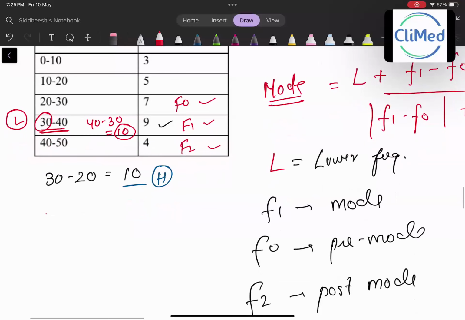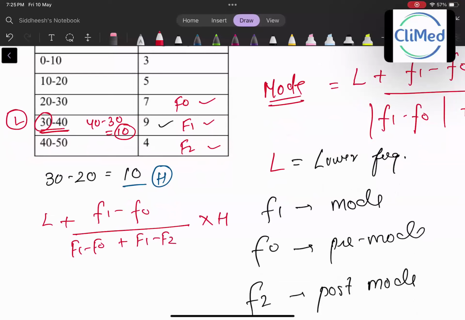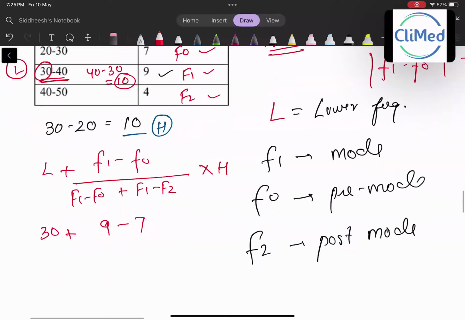So what is the formula? L plus F1 minus F0, or F1 fights with F0, upon F1 fights with F0 plus F1 fights with F2, into H. Now, L is 30. F1 is 9. F0 is 7.